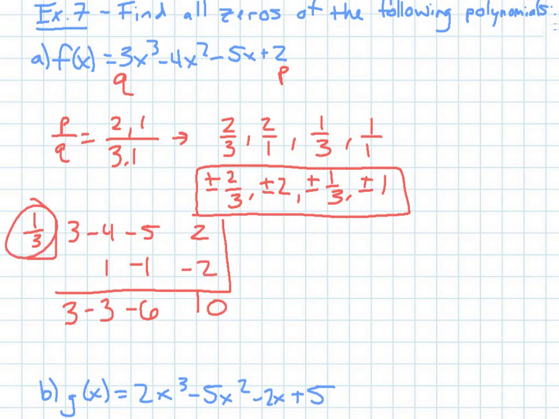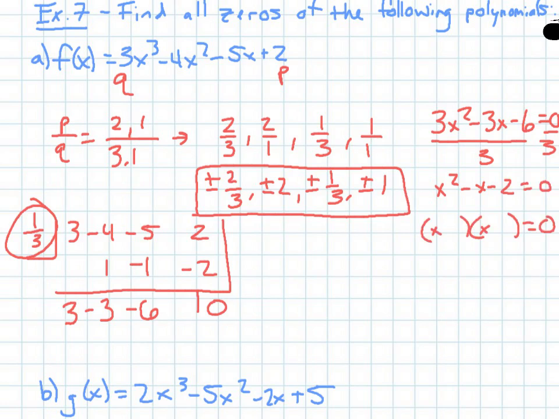So then now let's use this new polynomial that I've got. So 3x squared minus 3x, or sorry, minus 6. Okay, let's set that equal to 0. Now here, everything has a factor of 3 in it. So let's divide everything by 3 just to move it out of there, because it doesn't really matter. So then that gets me x squared minus x minus 2 equals 0. Okay, now let's factor.